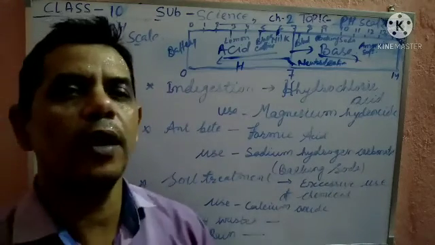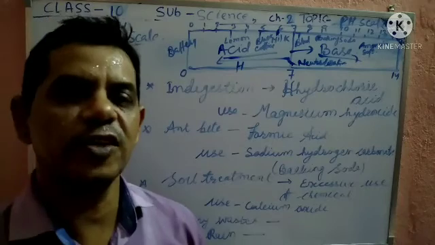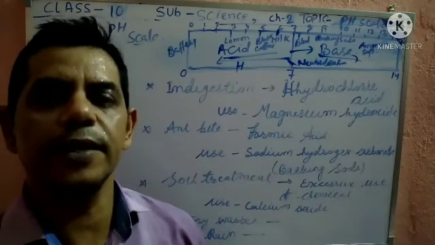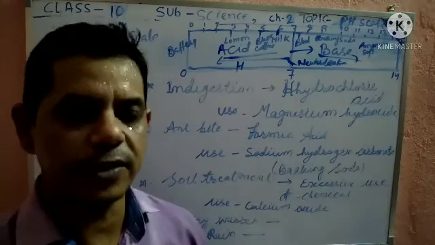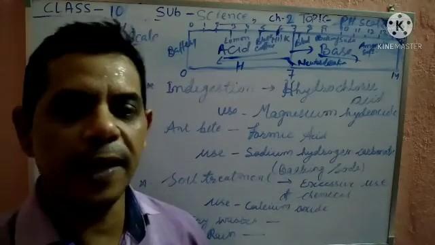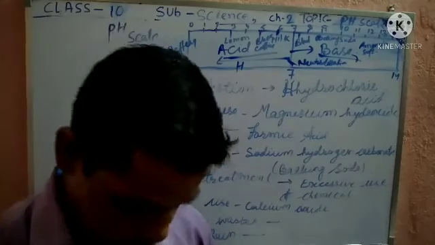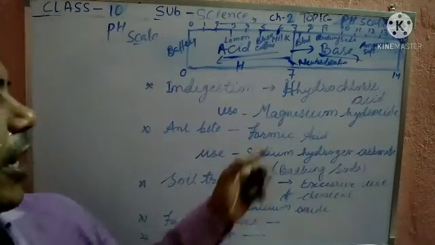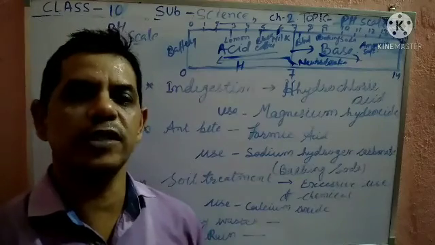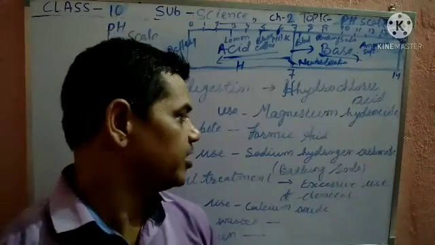Baking soda is used on that place of the skin by rubbing, and then both combine. As I said earlier, acidic and basic substances combine to form neutralization. So baking soda and formic acid combine together to form neutralization.